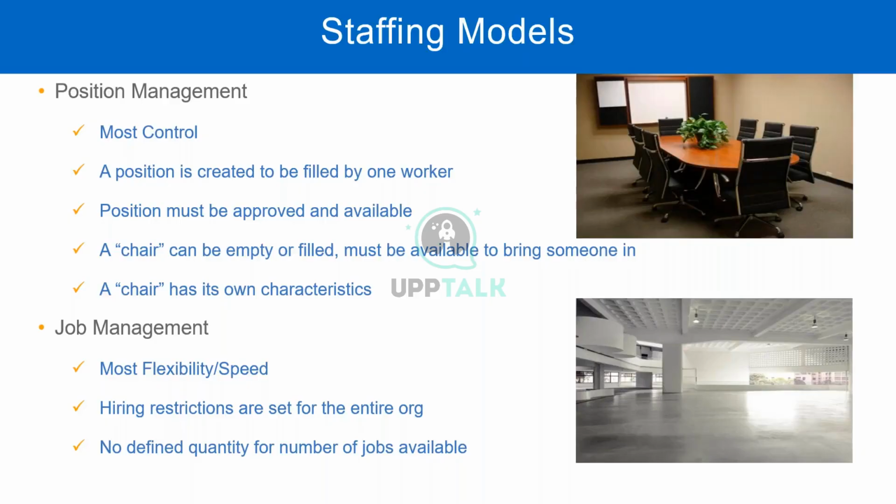Although a position gives you a lot of control, it allows you to define the characteristics at the position level. It is actually job management which allows you a lot of flexibility and speed, and where hiring restrictions are set.